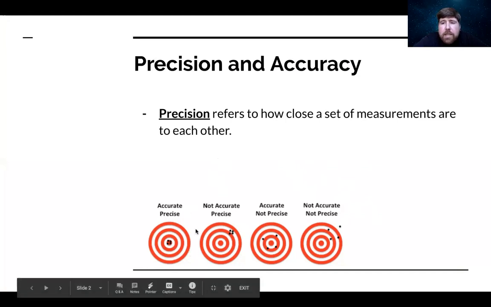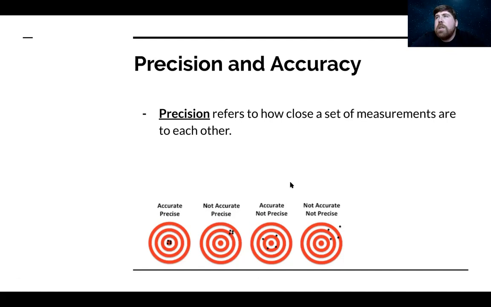By looking at the bullseyes that are listed down below, the first two on the left-hand side are going to be measuring precisely, because the sets of measurements, the four dart throws that were thrown, are all very close to each other. Now, the way that this works in the real world is if I measure a sample of gold.